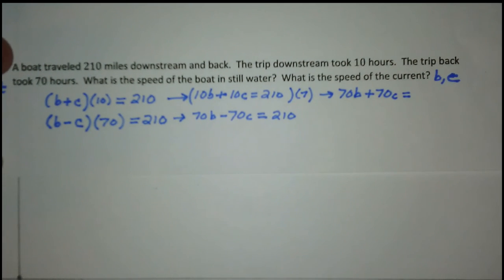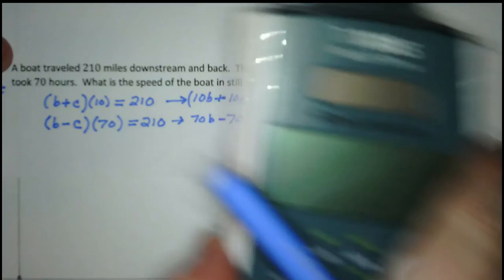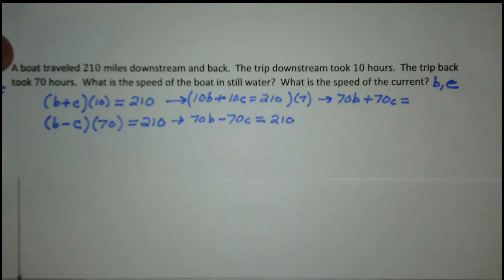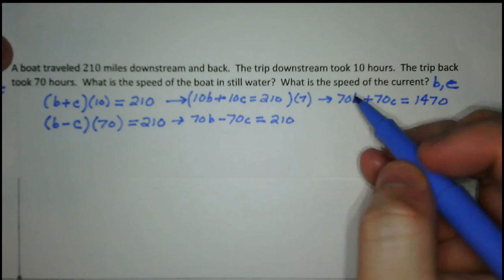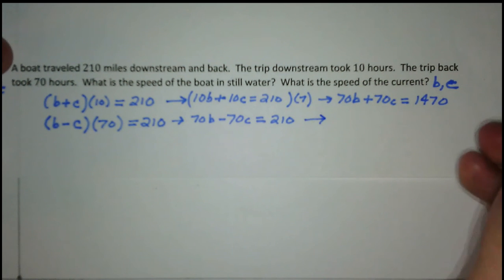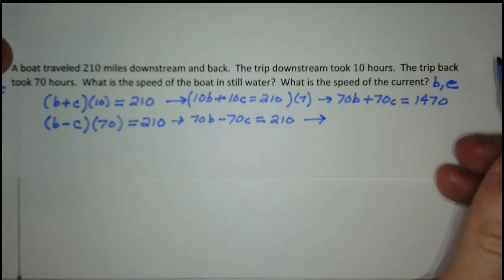Once again, my calculator is literally right here, but I don't care. I'm setting a bad example. So 7 times 210, 1,470. You should use a calculator. I think I could have done that in my head, but once again, you should be certain.